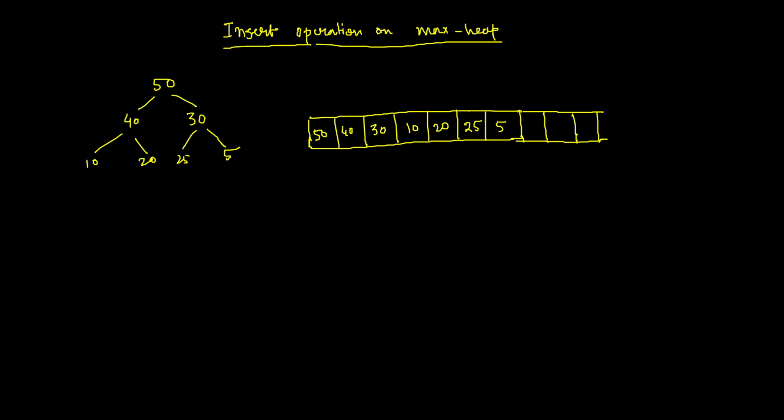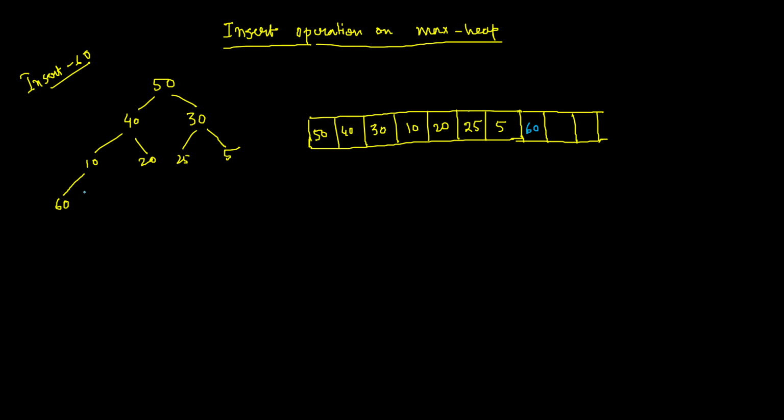Now if I want to insert 60, always remember, since this last level is already filled up, 60 should be inserted according to the rule of complete binary tree. 60 should be inserted at the left child of this particular node 10. So according to that, the new value should be somewhere here. But yes, again it is violating the rule of the max heap.